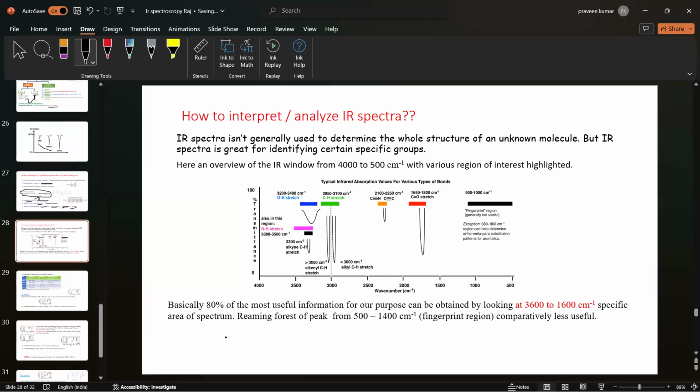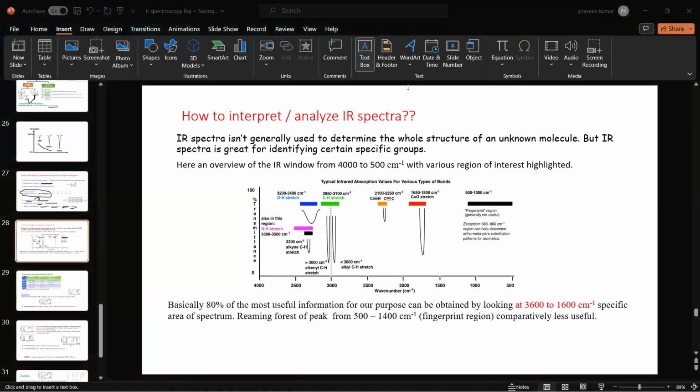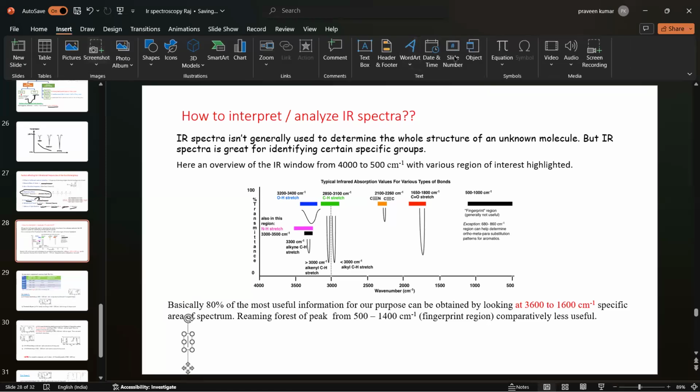Another most important concept here is sample preparation. First, the radiation source which is used in the IR.